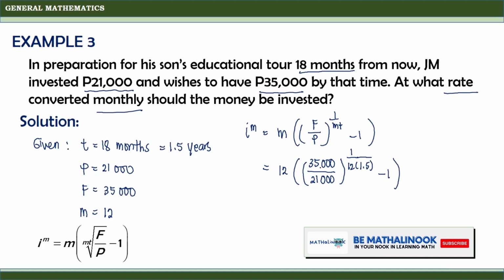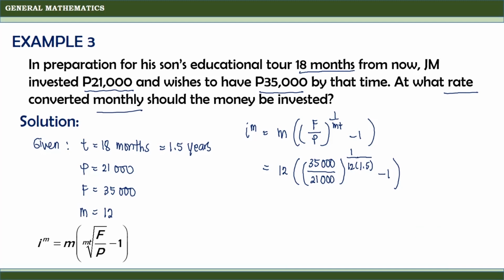Simplify first 35,000 divided by 21,000 and 12 times 1.5. So it will give us 12 times (1.67 raised to 1 over 18) minus 1.